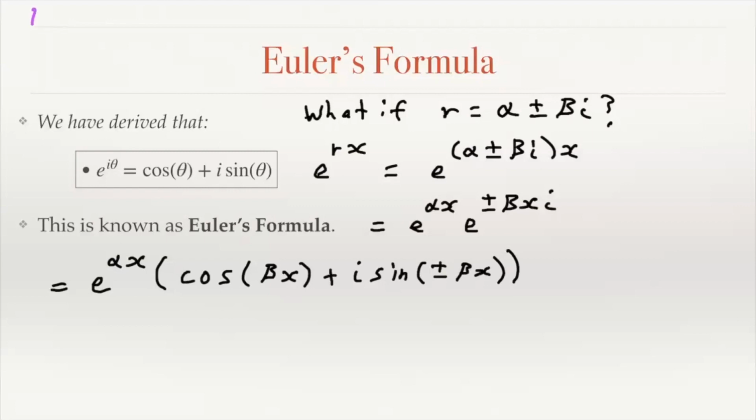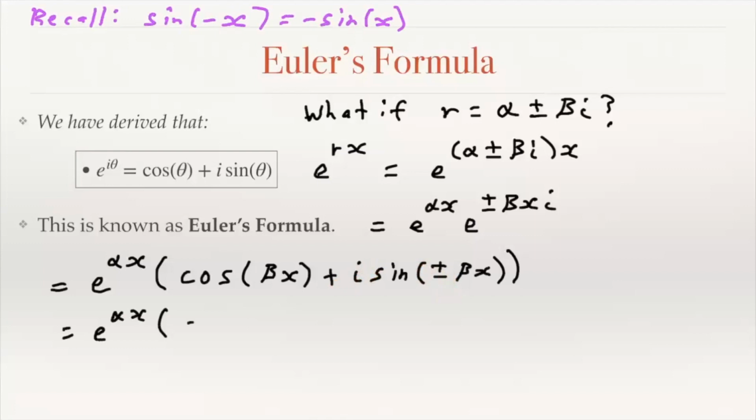And recall, sine is an odd function. So sine of negative x is negative sine x. So in other words, we can pull out this plus or minus sign. And this is e to the alpha x times cosine beta x plus or minus i sine beta x.